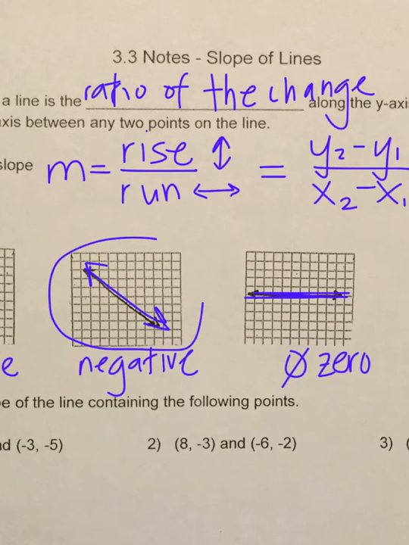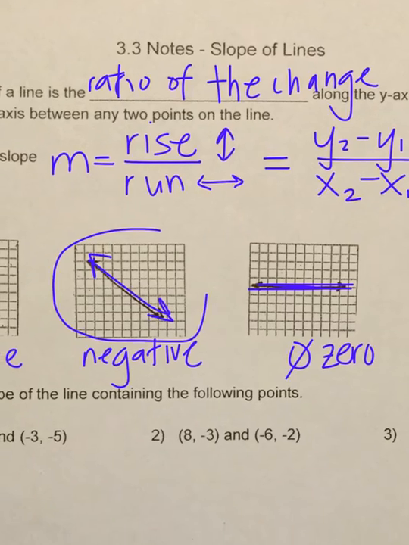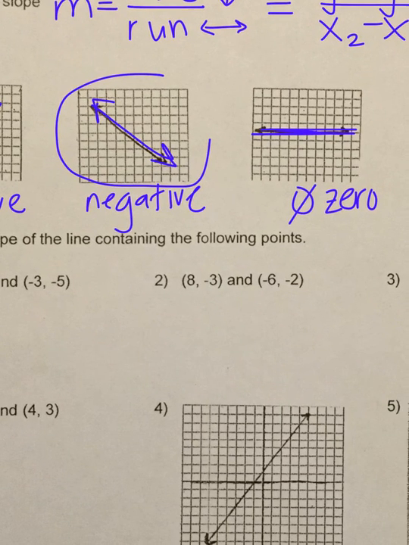All right. So, we're going to find the slope of these points right here. It's not going to be hard because we're going to start out and we're going to label x1, y1, x2, y2. Now up at the top, I told you that it's y2 minus y1.